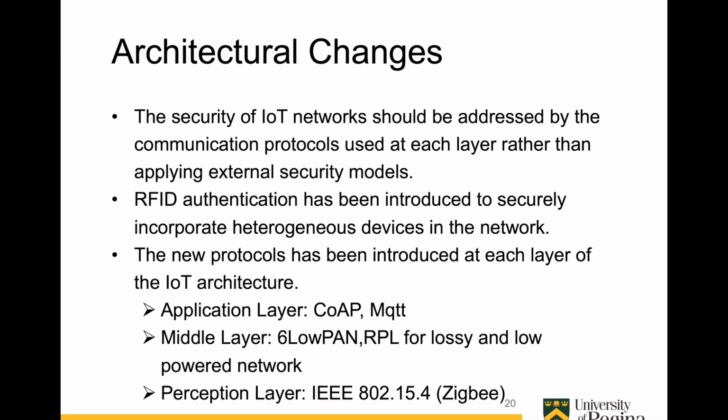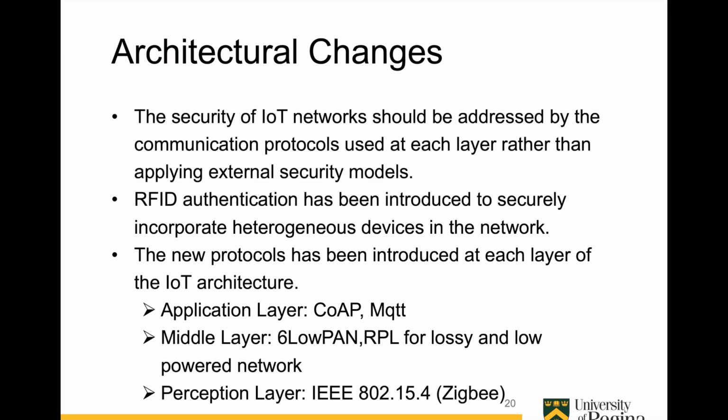Also, new protocols have been introduced in each layer of the IoT architecture. At the application layer, two new protocols have been introduced, CoAP and MQTT, which secure end-to-end communication between application to application and application to middle layer.